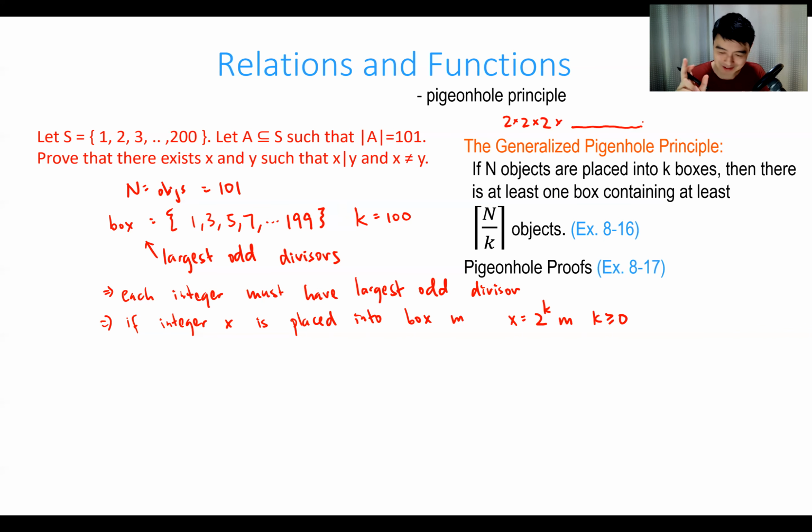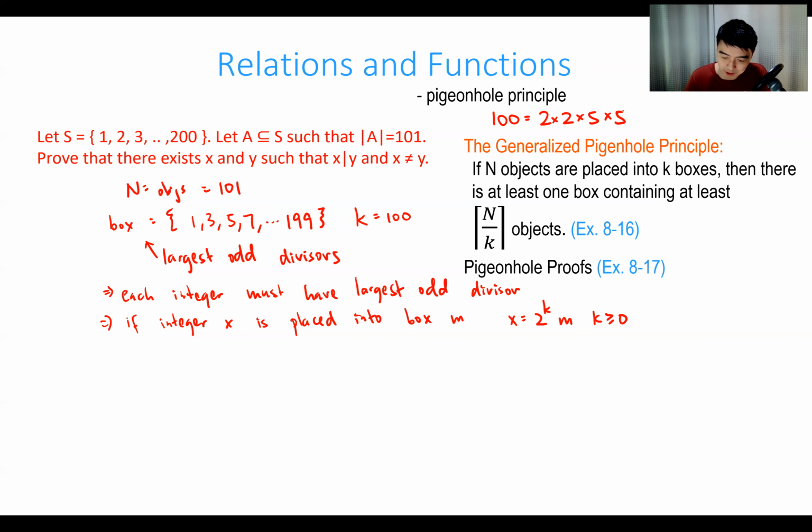Let me rewind that a little bit and make sure you understand what I said. This number corresponds to the largest odd divisor of whatever your prime factorization is. Let's do a quick example. If the number we're considering is 100, it can be prime factorized as 2 times 2 times 5 times 5.